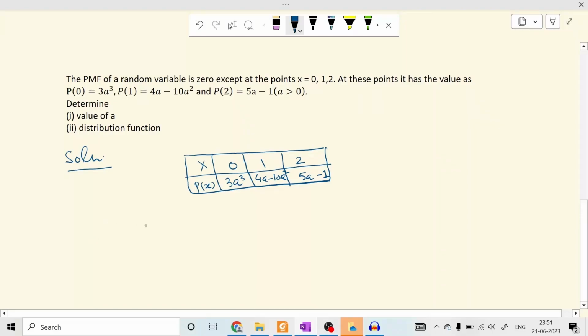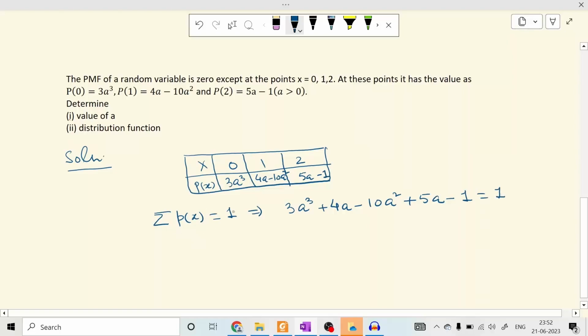First of all, we have to determine the value of the unknown a, for which we use the same property, summation p(x) is 1, which implies that 3a cube plus 4a minus 10a square plus 5a minus 1 equals 1.